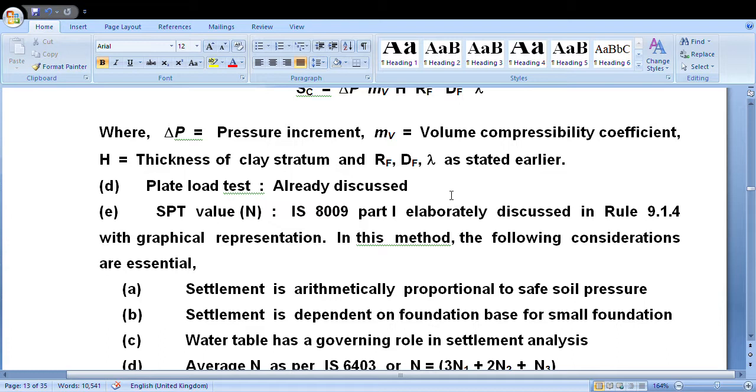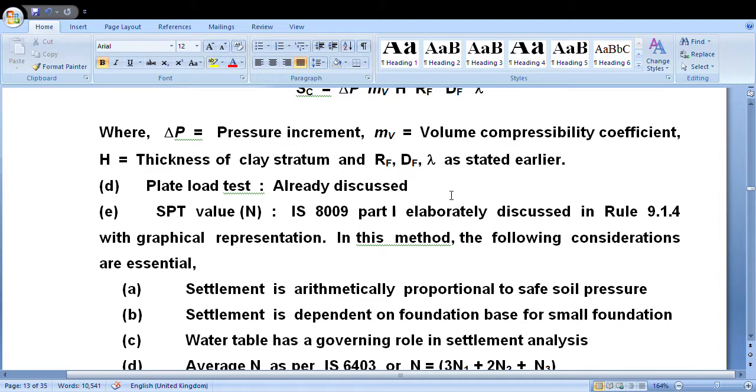Some say foundation width by plate width to the power n, which varies from 0.3 to 1. Like that, there are a lot of empirical equations.